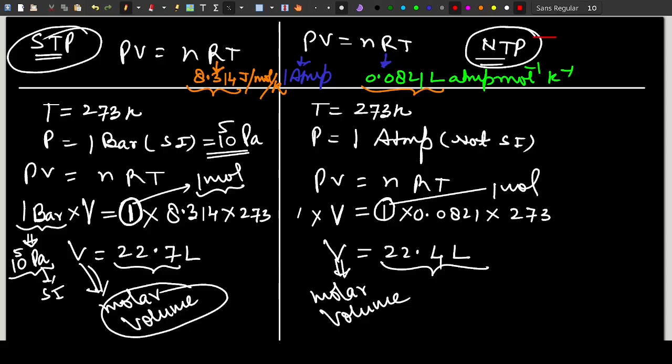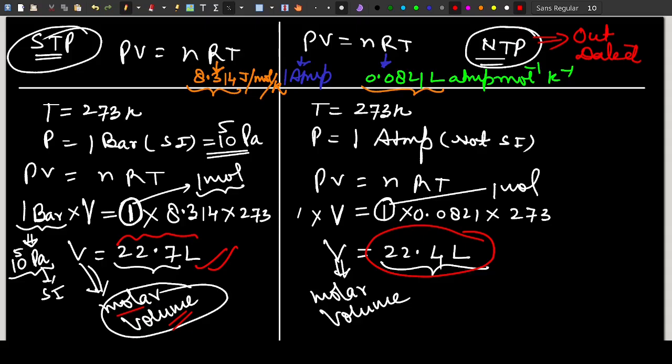Friends, one thing you should remember: now 22.4 is an outdated concept and is not relevant now. 22.7 is relevant. So in the competitive exams, you should use 22.7 liter as the molar volume of the gas at STP and avoid using the other value.